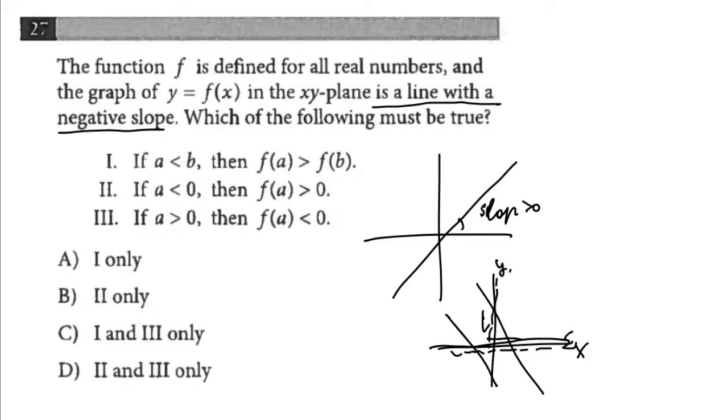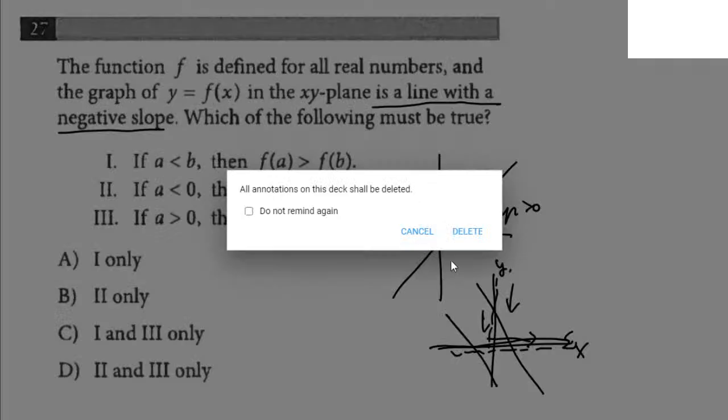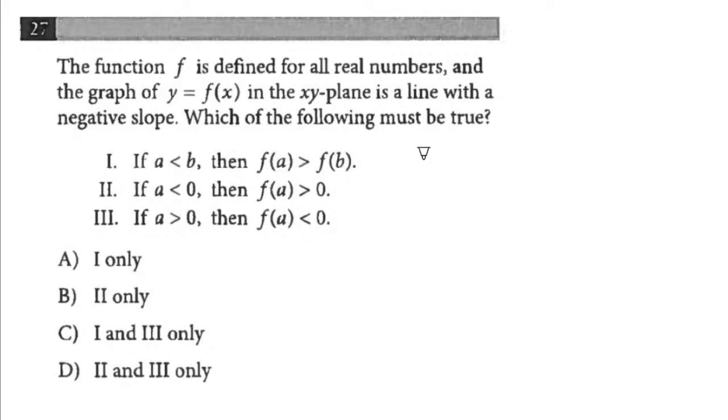So when x increases, y decreases. This is our negative slope. For a positive slope, when x increases, y increases. Great, so we are clear about what kind of graph we will have. It's a negative slope, so we have something like this.